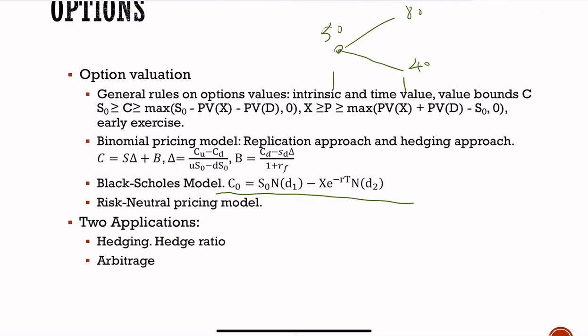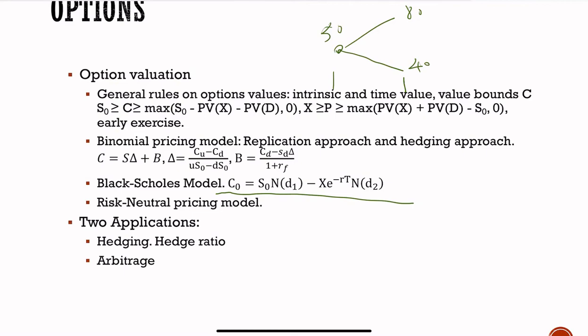That is, you will have a long position in the stock, and you will have a short position in the call. And then you want to show that because it's a hedging portfolio, this implies that the value of this portfolio should be fixed.